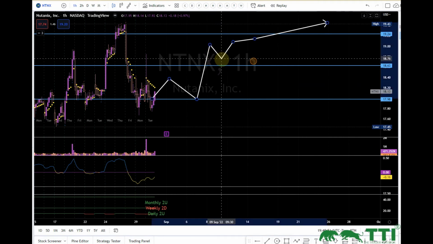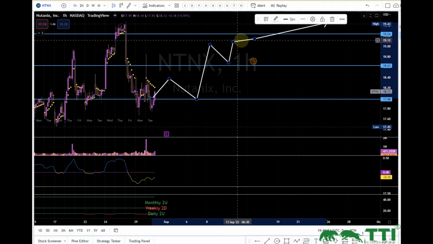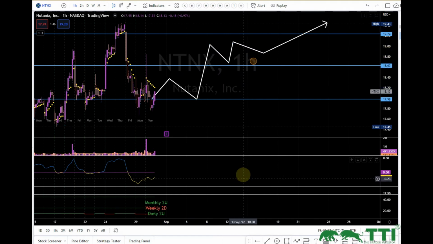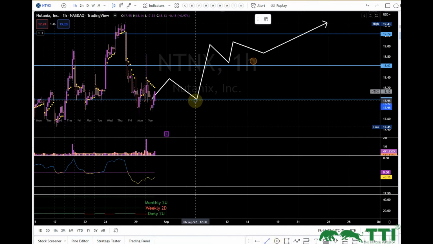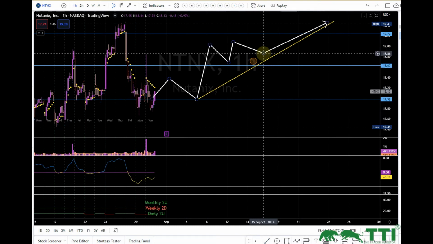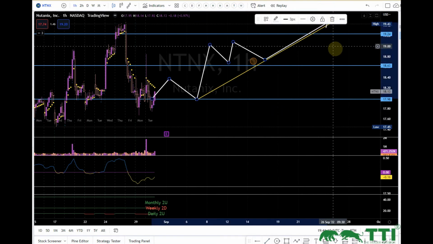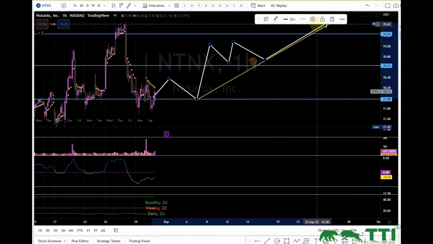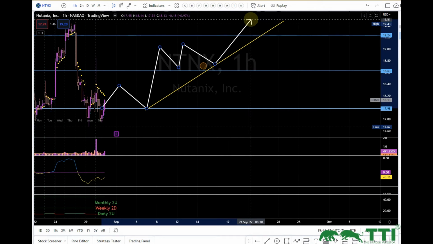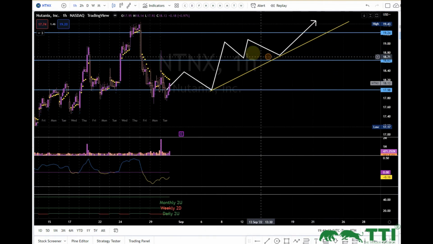Even trend lines are important because as price comes down to test this trend line instead of testing the support, that's also a good entry, right?